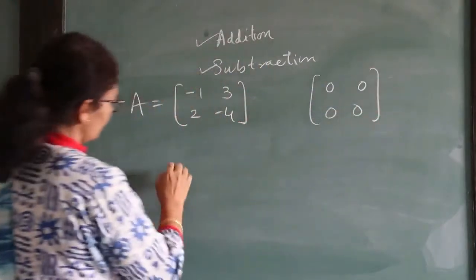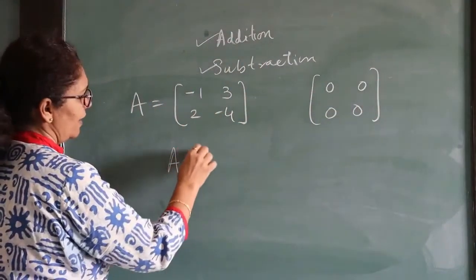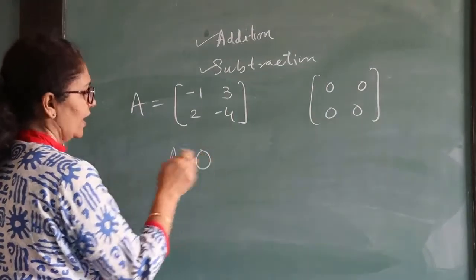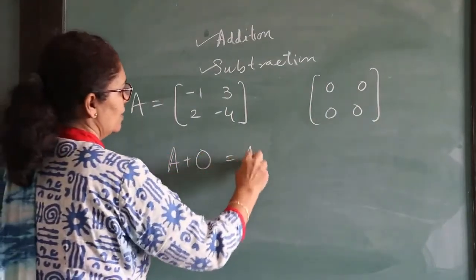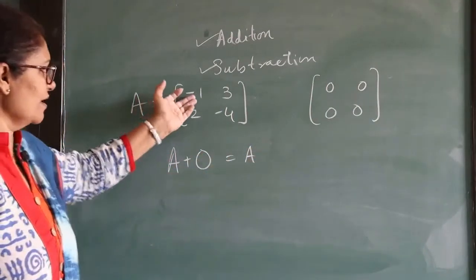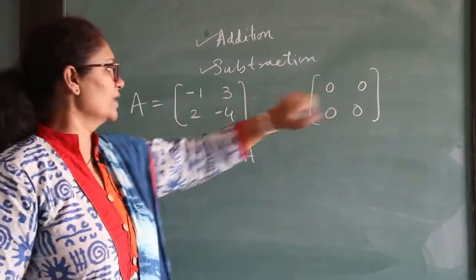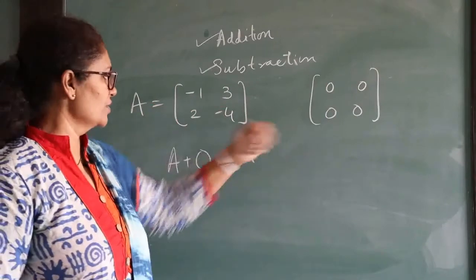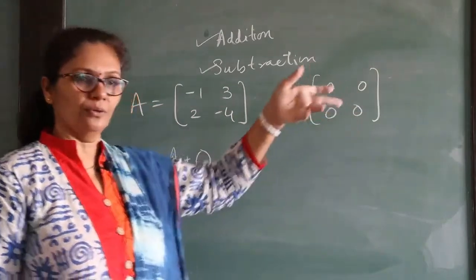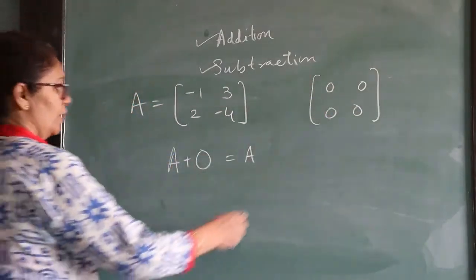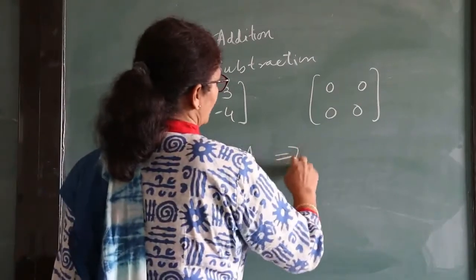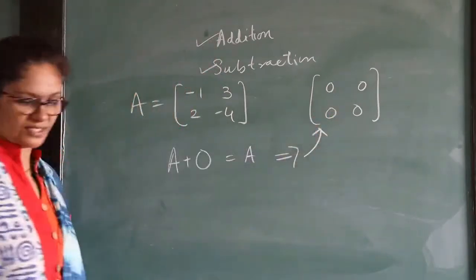So what is our property? If we add 0 matrix in any matrix, you get the same matrix. Now you can understand, minus 1 plus 0 is minus 1, 3 plus 0 is 3, 2 plus 0 is 2 only, and minus 4 plus 0 also minus 4 only. So neutral number for addition is 0 matrix.